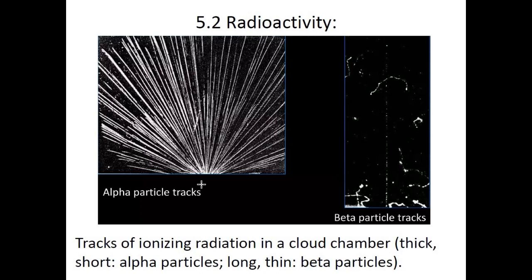Alpha particles usually cause thin and long rays of lines. The track of ionizing radiation in a cloud chamber can be identified by comparing these images to a known pattern.